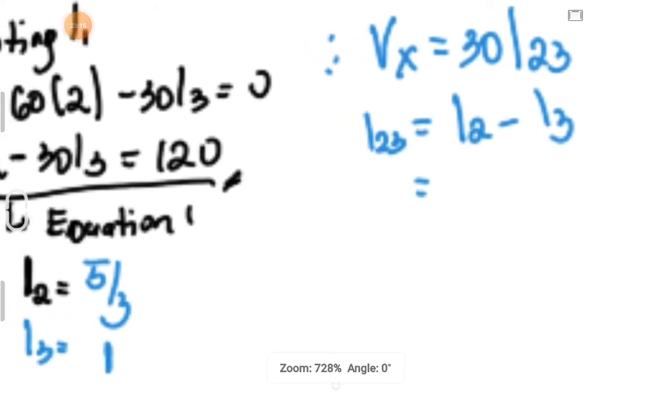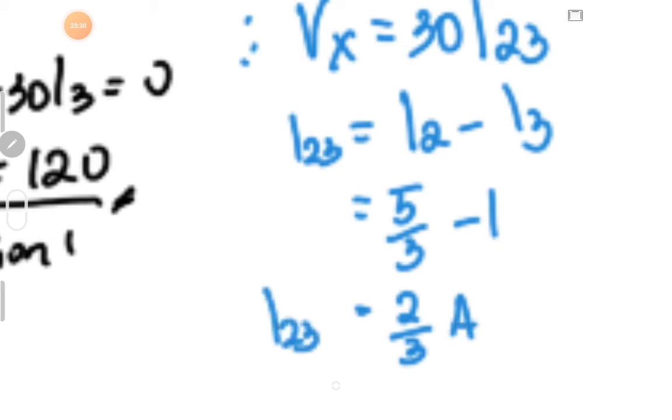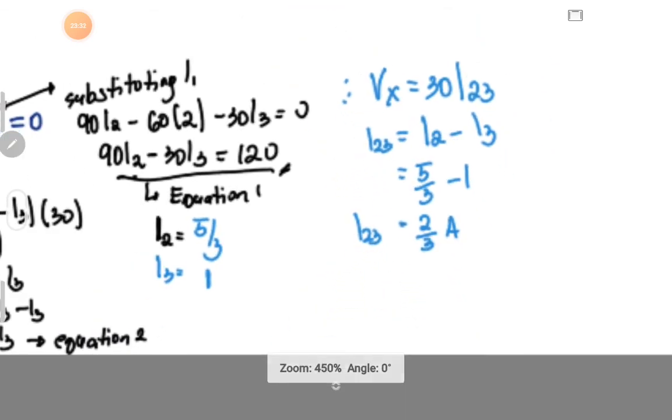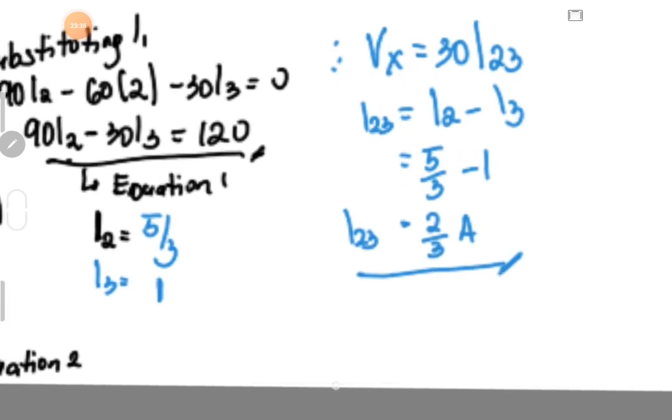So I23, so we have 5/3 minus 1, which is equal to 2/3 amperes. This is our I23. So after getting your I23, you are ready to get your Vx. So therefore, my Vx is equal to 30 multiplied by our I23, which is 2/3.